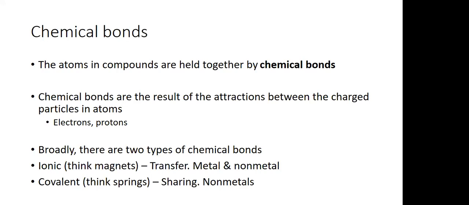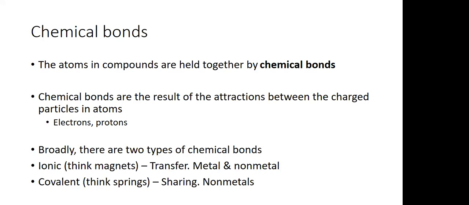We talked about in the atom how the center of the atom is full of protons, positively charged. In the outside of the nucleus, you have this cloud of electrons, negatively charged. Well, when two atoms come together, you have attraction between these charged particles, the electrons and protons, and you form this force that holds the atoms together.